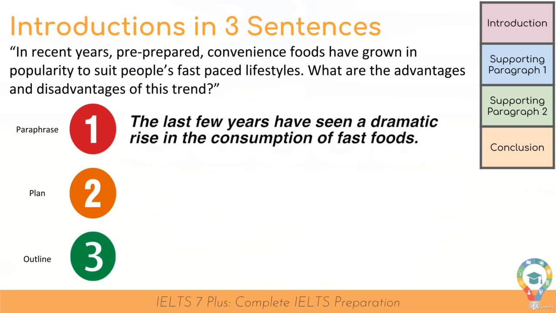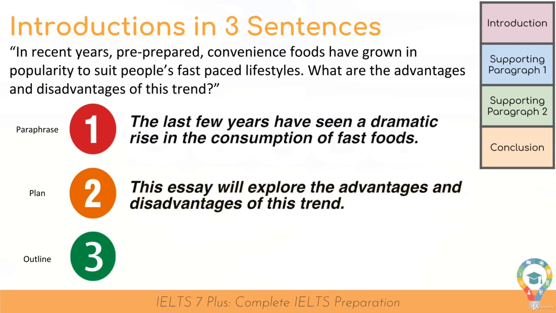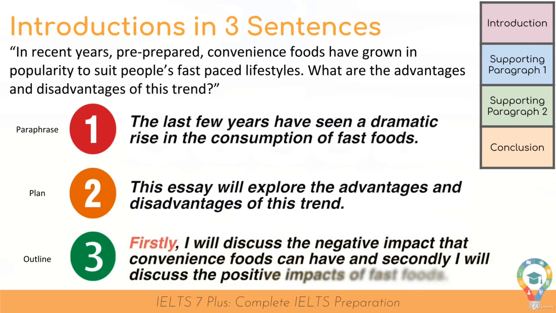Let's see sentence 2. So here is my plan, or the overall idea of this essay. Simply, I just say that I'm going to explore the advantages and disadvantages of the fast food, speedy eating trend. And here is sentence 3.